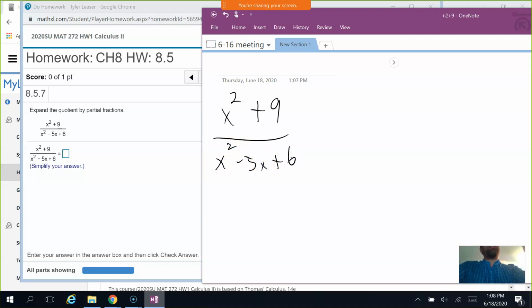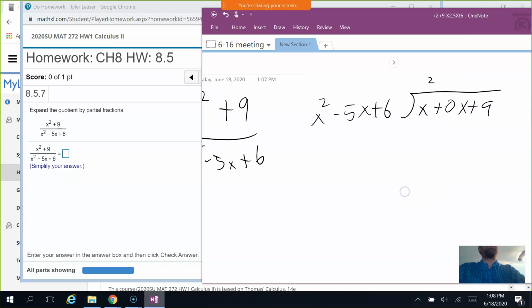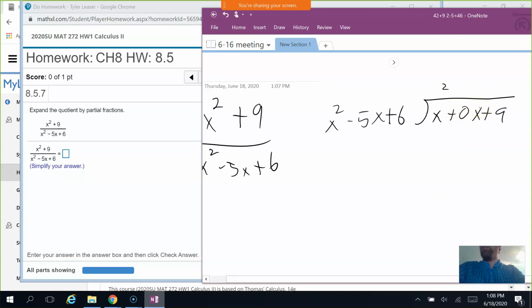Anytime the degrees are the same, or if the numerator has a bigger degree, always do long division first. So here we're going to have x squared minus 5x plus 6, and we're going to divide that into x squared plus 0x plus 9. Always make sure you put in that ghost term for anything that's missing. I don't know why I put my 2 way up there. Whoops. x squared plus 0x plus 9.